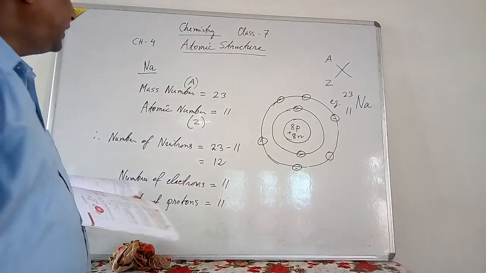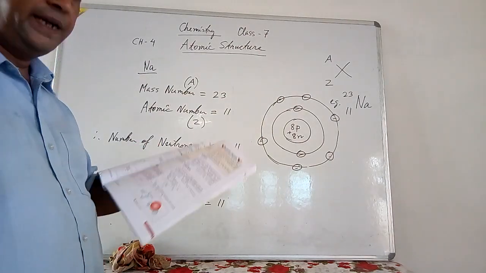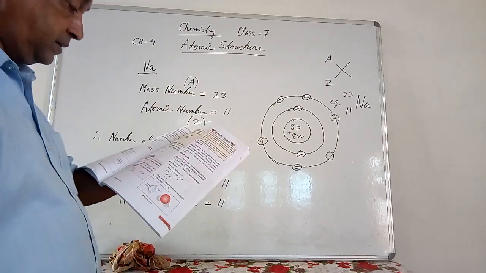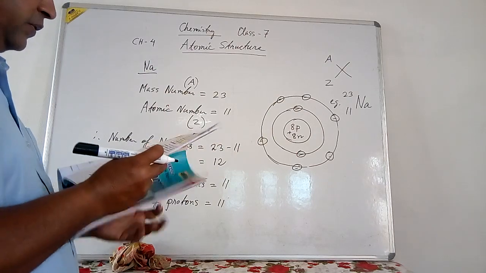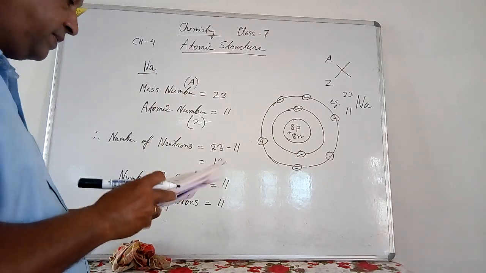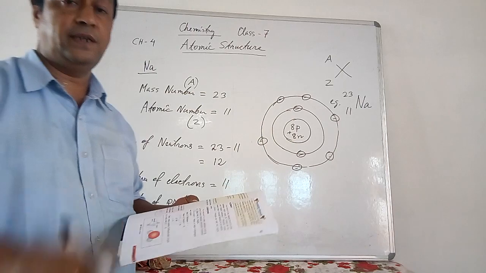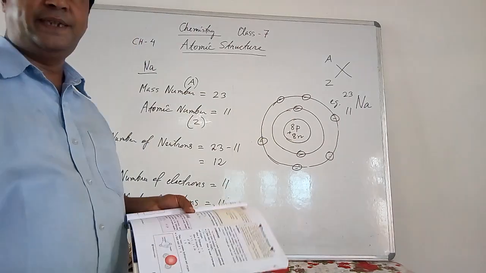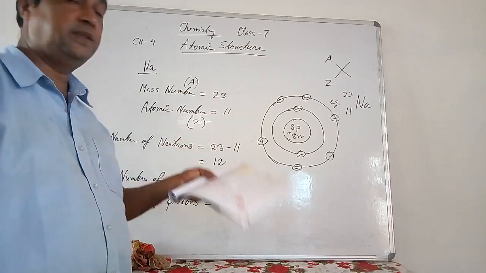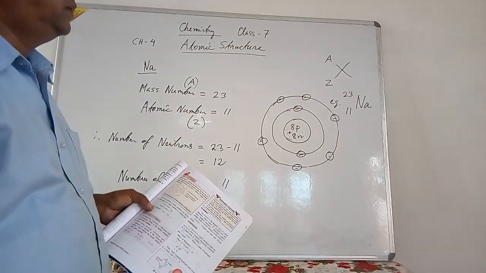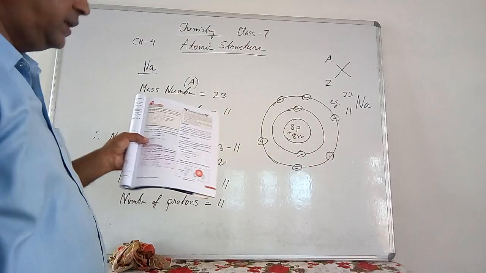At home, you can do the calculation by taking different elements, their mass numbers and atomic numbers from your book. Next, the definition is given there. I think you got in class 6 also what an element is. So what is an element? See page number 61 of your book, on the right-hand side, where the definition is given.